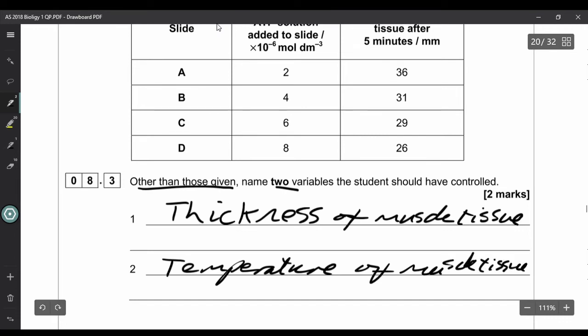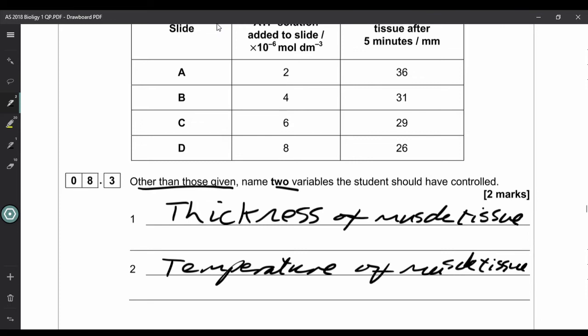It's not good enough just to say terms like controlling the temperature or controlling the pH. You've got to say what it is you're controlling. Okay, you've got to qualify all of these terms.